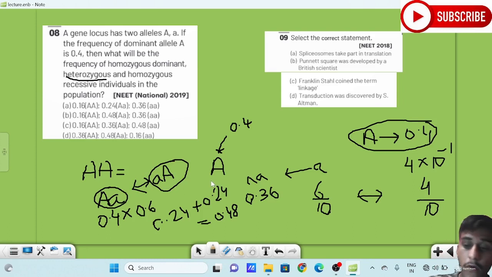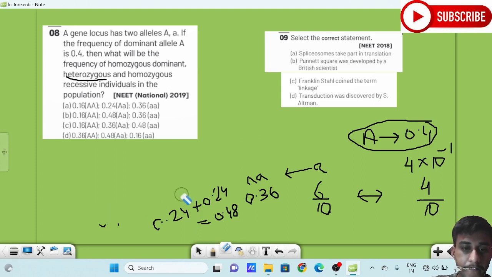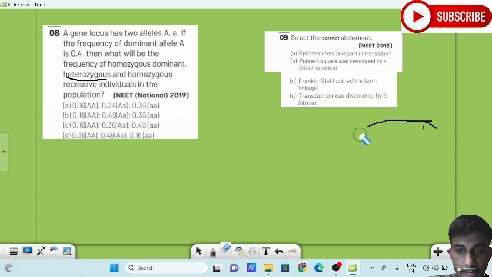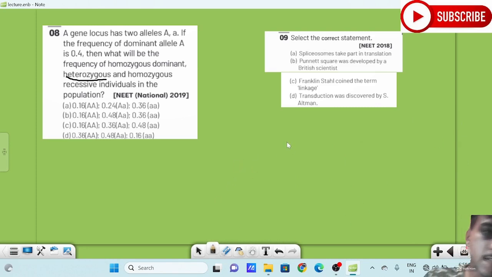We can also get to the answer with the help of the binomial theorem. Here there are two possibilities, capital A and small a, and the chance is 1 by 2.